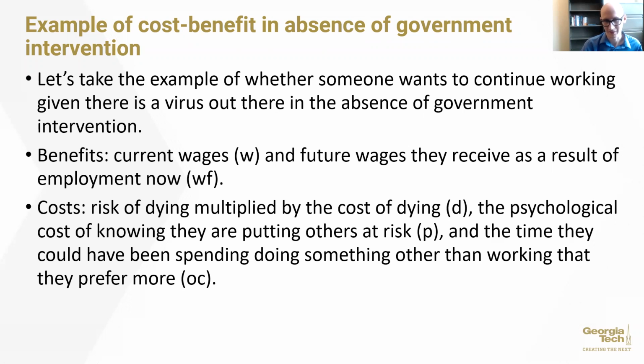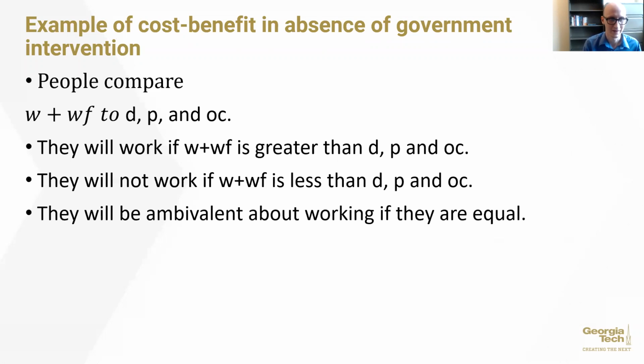And then there's also the usual cost of working, which is the opportunity cost of working instead of doing something they would prefer doing more. Okay, so that's called an opportunity cost, and we'll denote that as OC. So people compare W plus WF, their benefits, to D, P, and OC, or they compare their wages and their future wages to the cost of the risk of dying, the psychological cost of putting others at risk, and their opportunity cost.